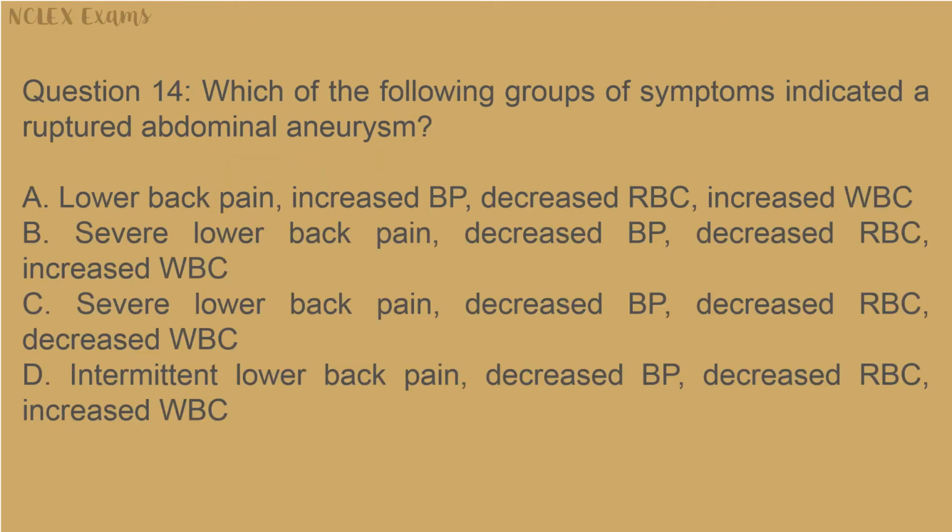Question 14. Which of the following groups of symptoms indicates a ruptured abdominal aneurysm? A. Lower back pain, increased BP, decreased RBC, increased WBC. B. Severe lower back pain, decreased BP, decreased RBC, increased WBC. C. Severe lower back pain, decreased BP, decreased RBC, decreased WBC.